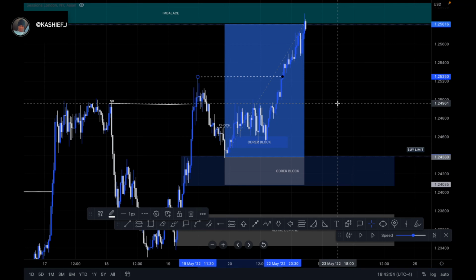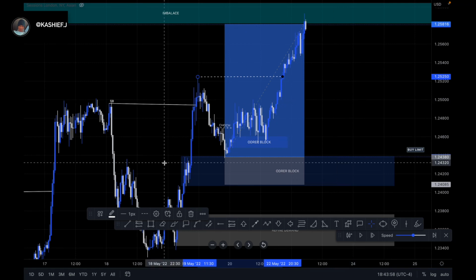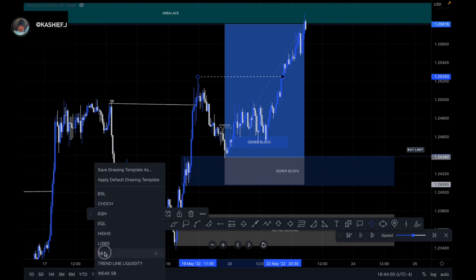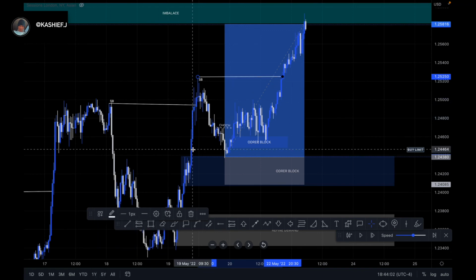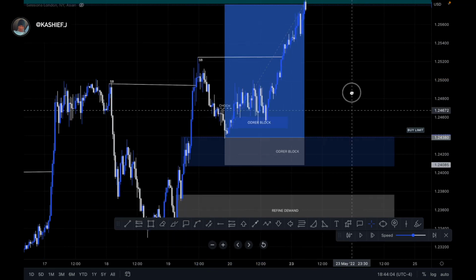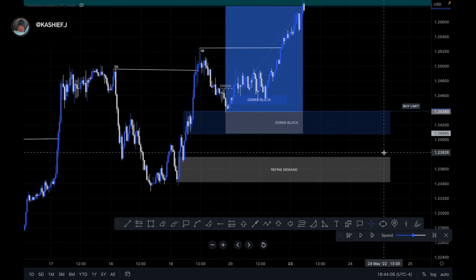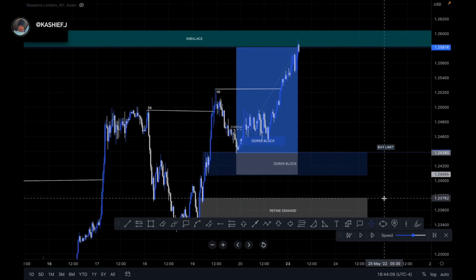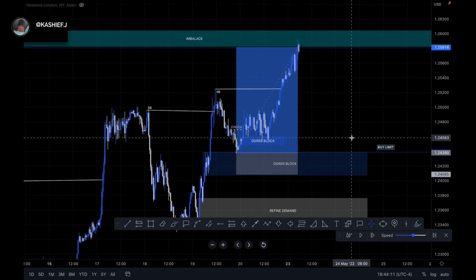I can't emphasize backtesting enough, because trust me, once you backtest, you will actually see what works and what doesn't work. All right. So it was a beautiful trade on this GBPUSD, and it was a simple call just by order blocks. Right? Powerful.